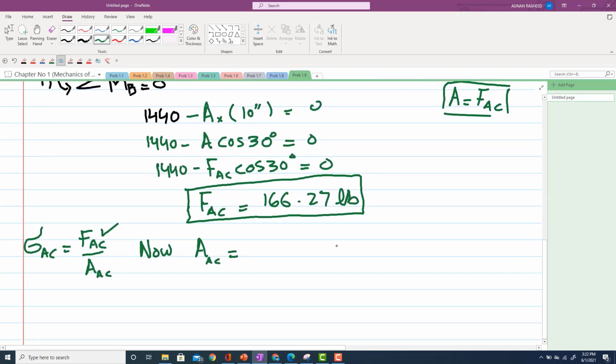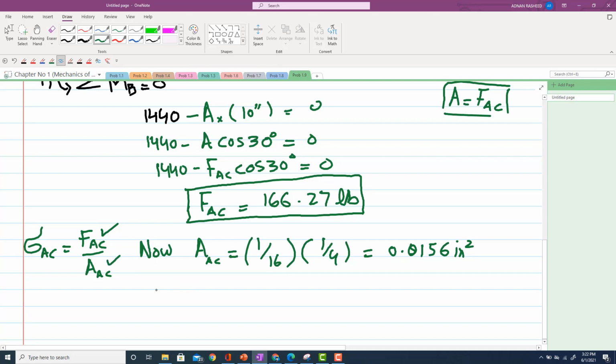Clear? So it's very easy. You have to just multiply 1 over 16 inch into 1 over 4 inch. That will give you area, and that is 0.0156 inch square. Now you have this value as well.